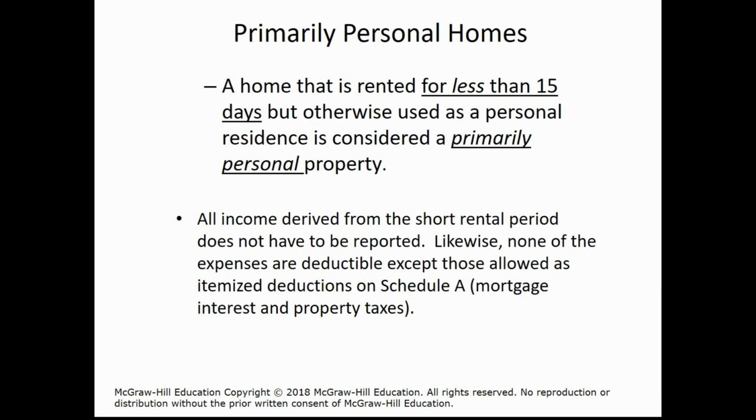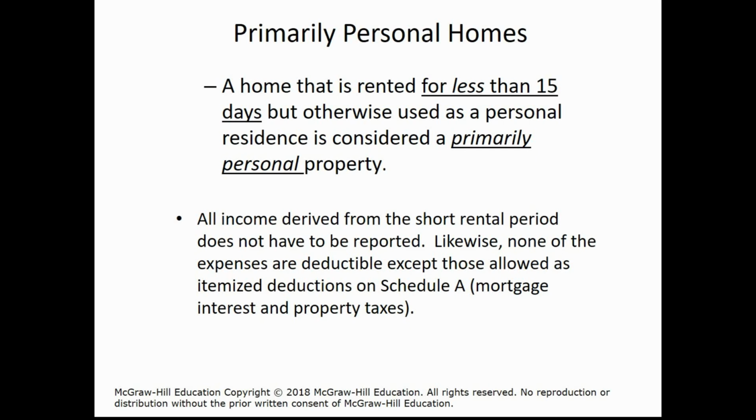So primarily personal property means that if you earn any income from renting out a vacation home that is categorized and qualifies as primarily personal, then you do not have to report that income. Sometimes during the Masters golf tournament, folks may rent out their home during the tournament to others.